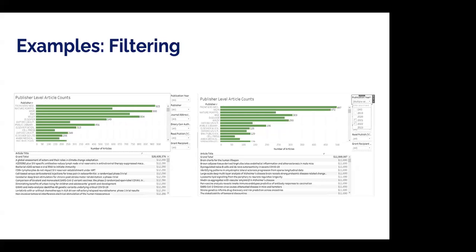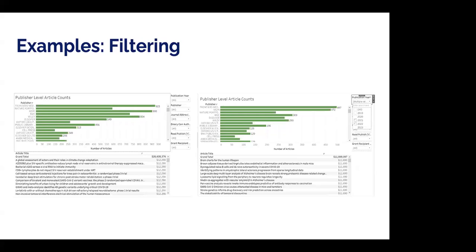And again, on the right, you have the breakdown, the filtering options where you can subset by publication year, publisher, journal, whether or not the Emory author was the corresponding author, whether a title was part of a read and publish agreement, or whether publishing the article was funded through grant dollars. On the right, it just shows an example of how the view changes based on the choices you might make.